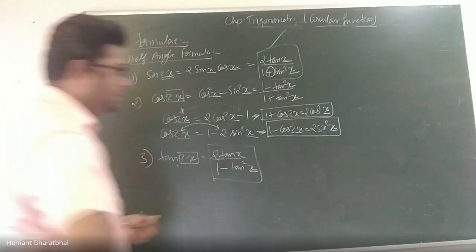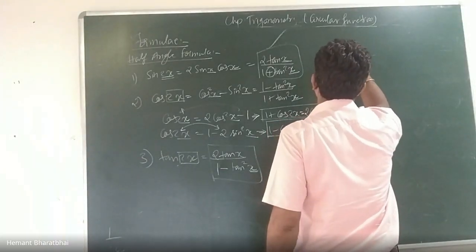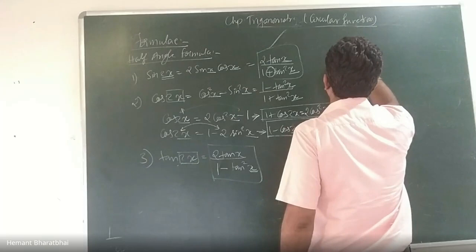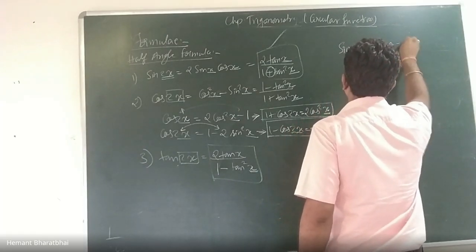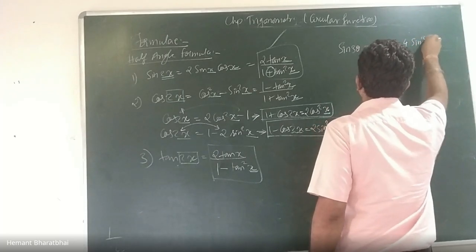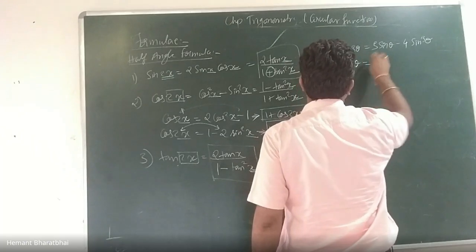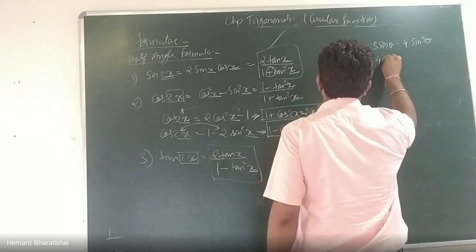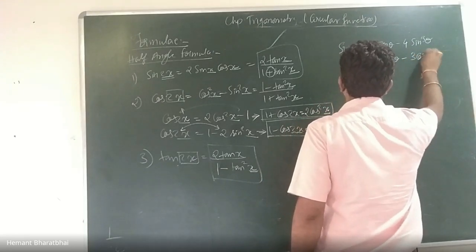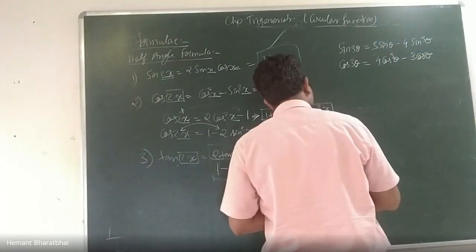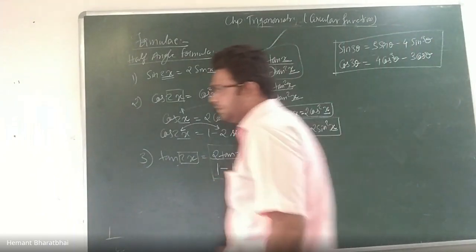Apart from this, we have one more formula for sine and cos. Sin 3 theta can be written as 3 sin theta minus 4 sin cube theta, and cos 3 theta can be written as 4 cos cube theta minus 3 cos theta. Again, the formulas are similar.